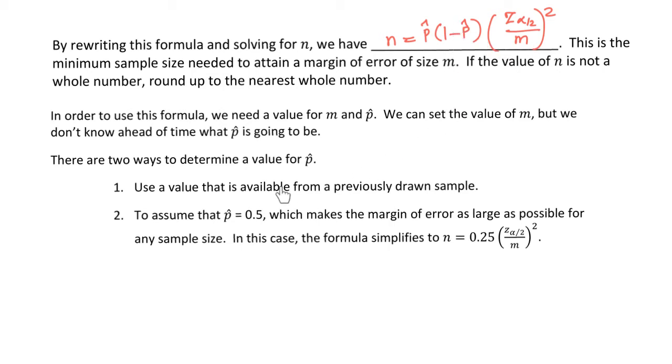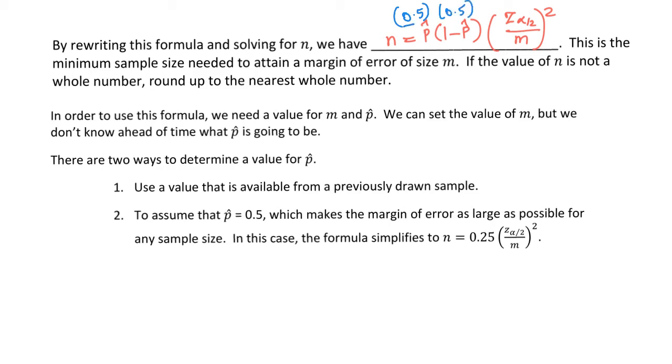So there are two ways to determine the value of p cap. One is to use a value that is available from a previously drawn sample. The other is to assume that p cap is 0.5. So if p cap is 0.5, then 1 minus 0.5 is also 0.5.